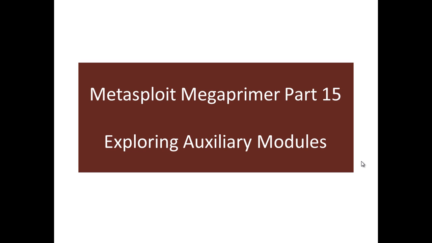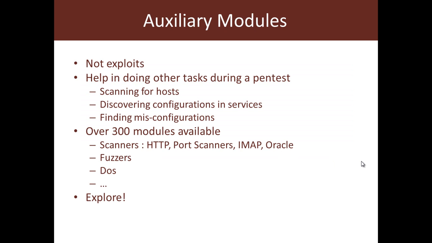In this video, we will look at exploring auxiliary modules in Metasploit. As we've looked at previously, auxiliary modules are not exploits, but they help in doing a variety of tasks which are beneficial during a pen test.